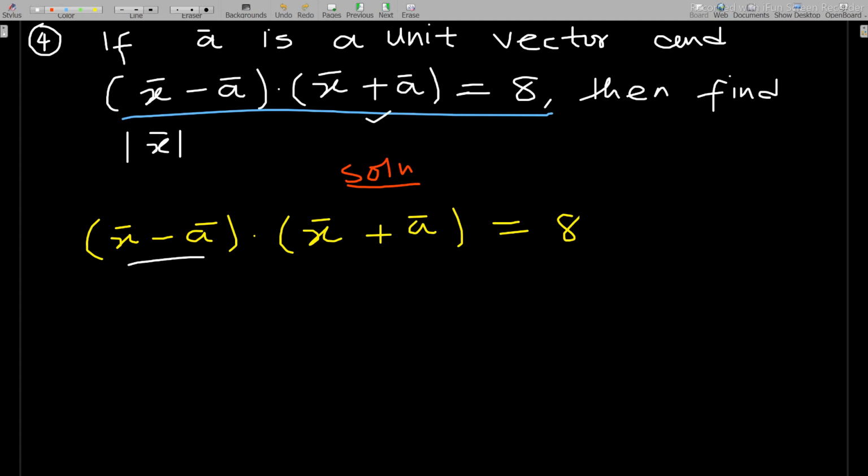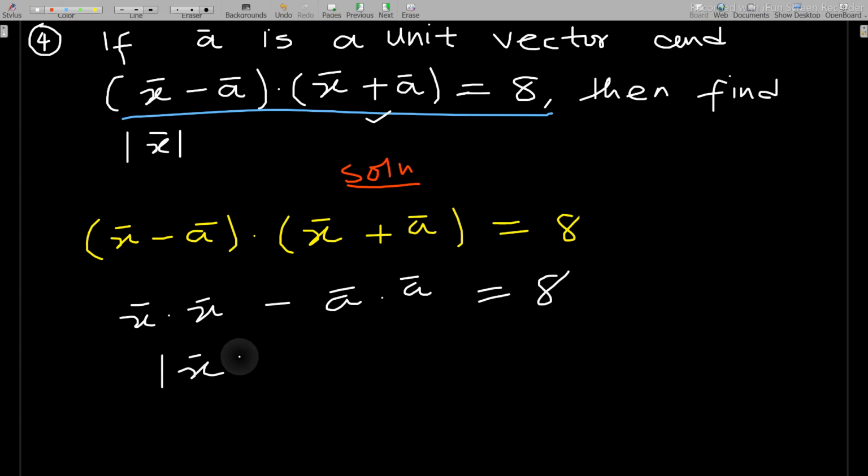Now x̅ dot x̅, we've learned just now, is the same as the magnitude of that vector squared. So the magnitude of x̅ squared is equal to 8 plus the magnitude of a̅ squared. But we said that a is a unit vector, meaning the magnitude of a is 1.